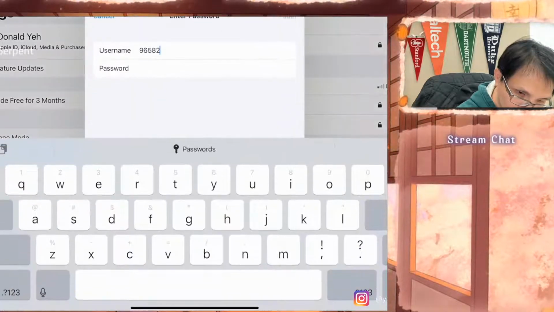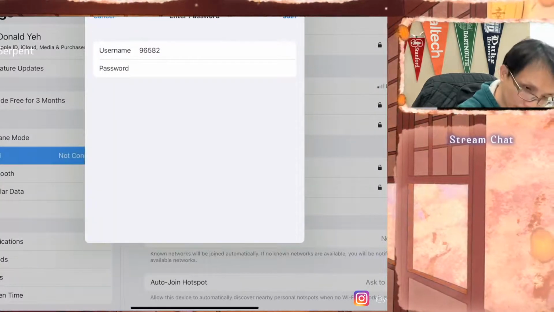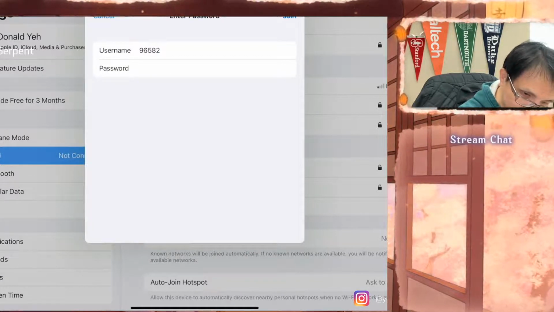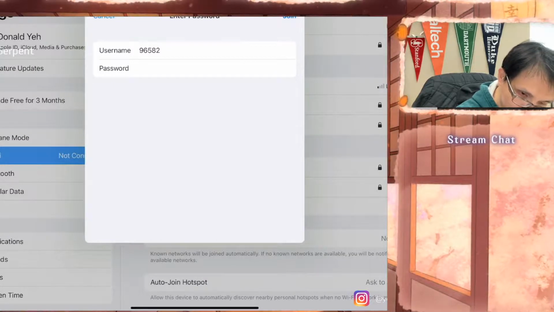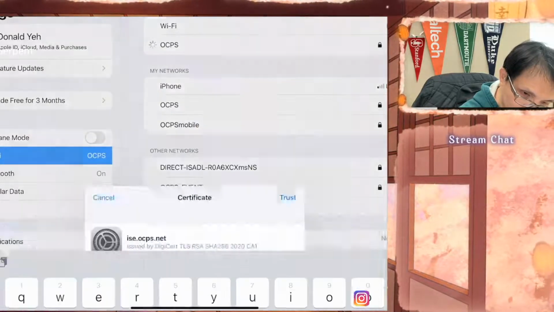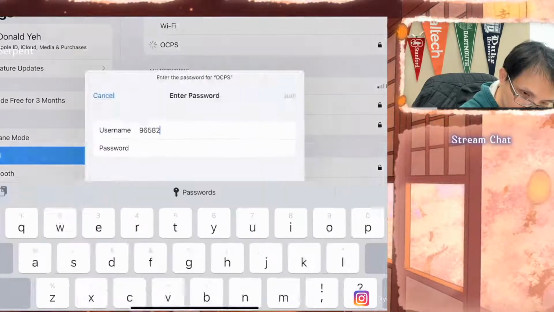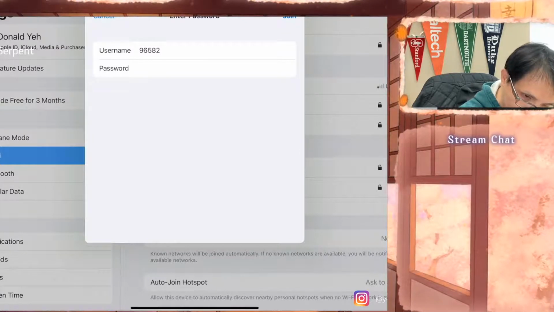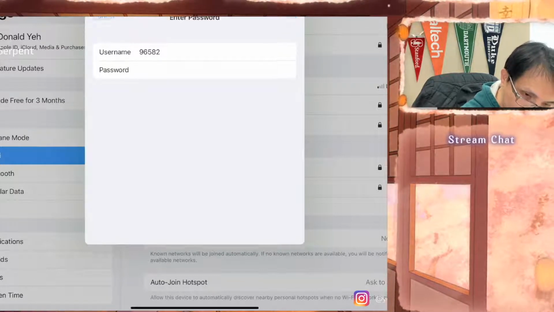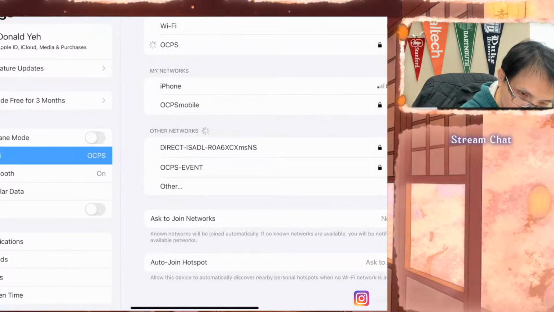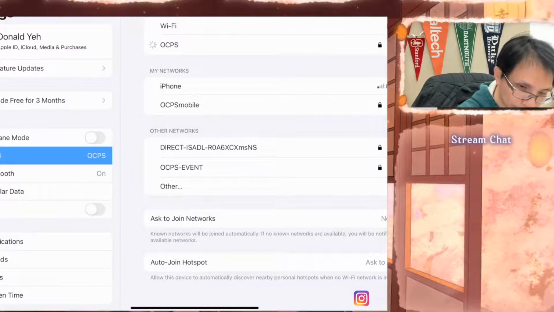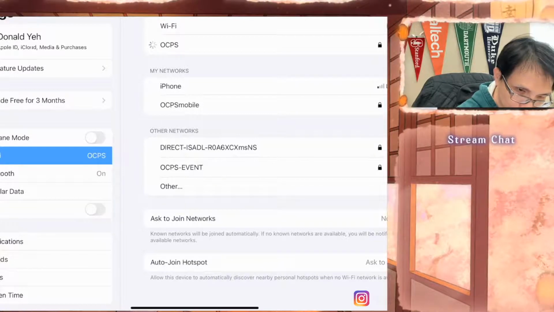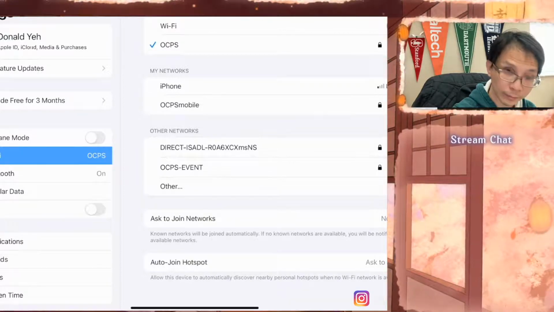OCPS. Don't know my password. Come on, work. It's working, okay.